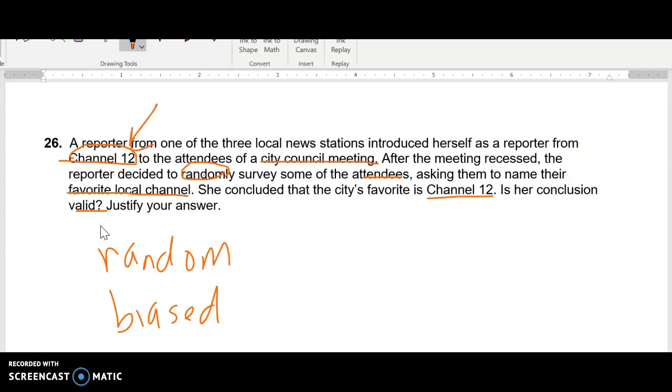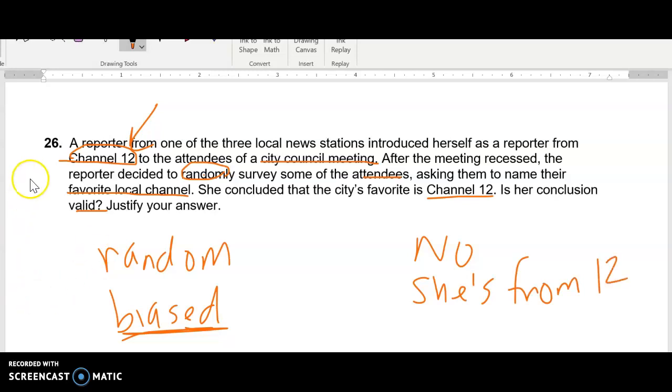People want to be on camera. Picture the Channel 12 reporter asking what your favorite channel is, and they're filming it and you think it's going to be aired. You're not going to say that your favorite channel is 13 and Channel 12 doesn't do a very good job. So by her introducing herself, it is biased. Is her conclusion valid? No, because she's from Channel 12.